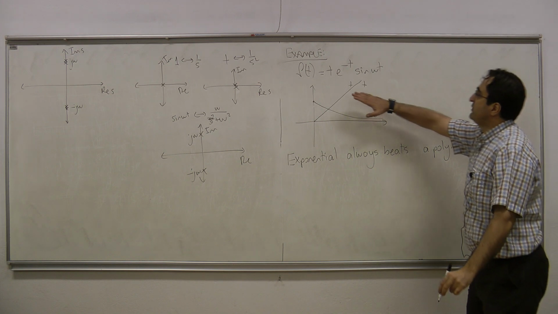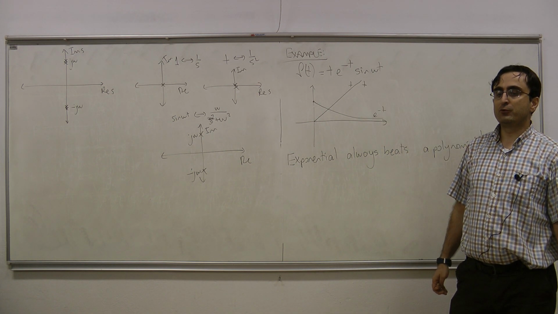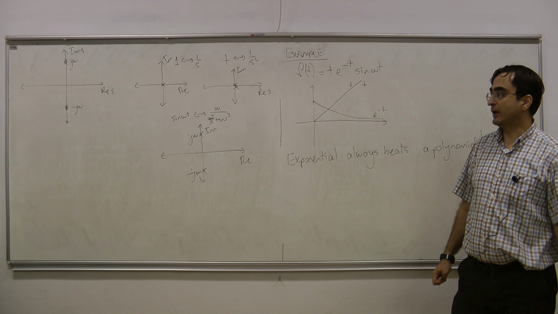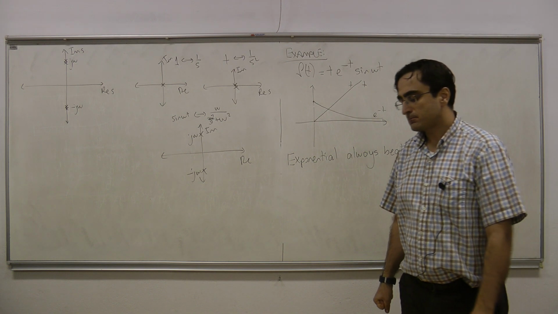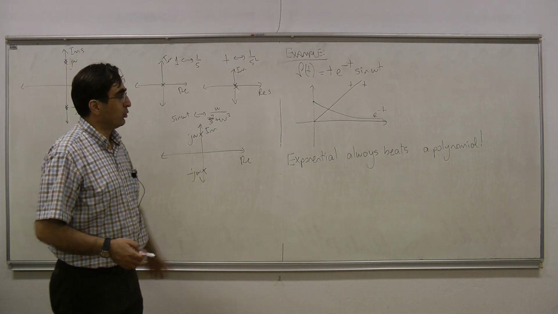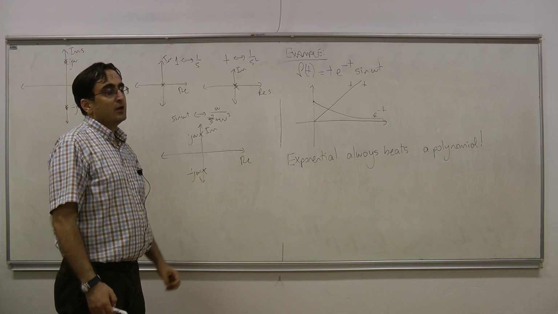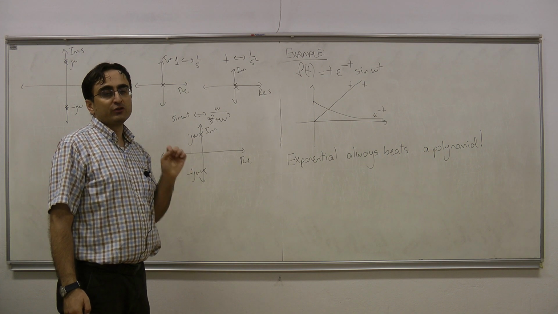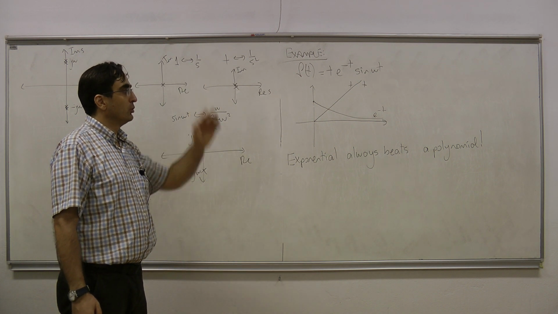So t is a polynomial. It is actually a first order polynomial, and e to the minus t is an exponential. So when I multiply an increasing polynomial t with a decaying exponential, the decay of the exponential would always beat the increase of the growing polynomial.